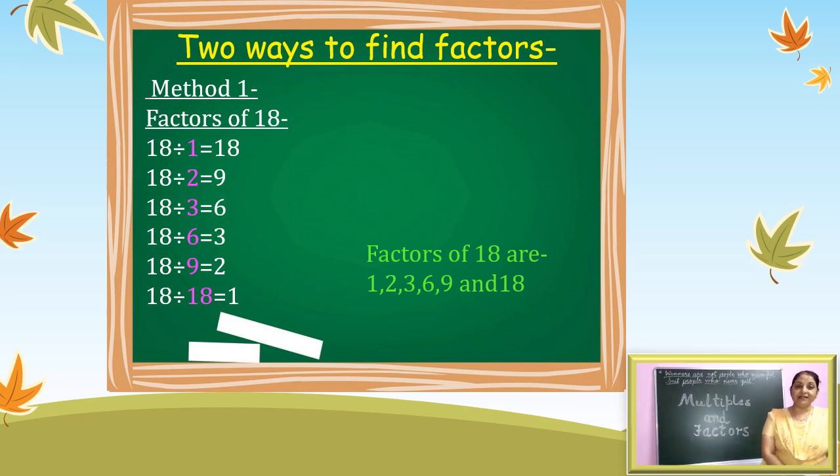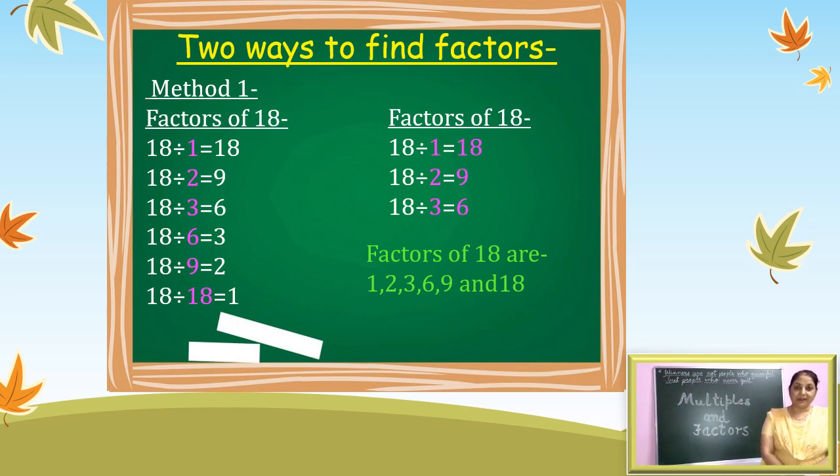Children, you can write these factors in a short way also, as in each step we can write two factors. For example, if 18 is divided by 1 and the quotient is 18, we can say 1 and 18 are the factors of 18. Similarly, 18 divided by 2 gives 9.